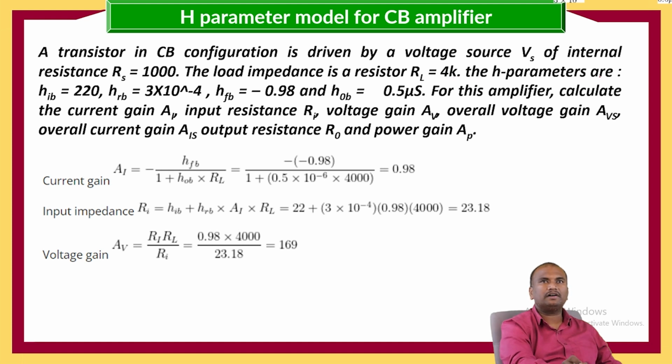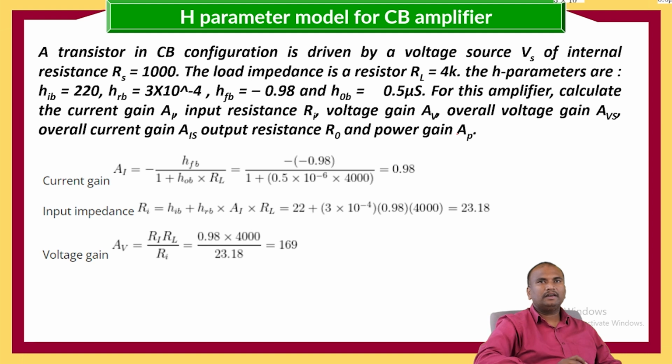The H parameters are HIB equal to 22 ohms, HRB equal to 3 into 10 to the power of minus 4, HFB equal to minus 0.98, and HOB equal to 0.5 microsiemens. For this amplifier, calculate the current gain, input resistance, voltage gain, overall voltage gain, overall current gain, output resistance and power gain.